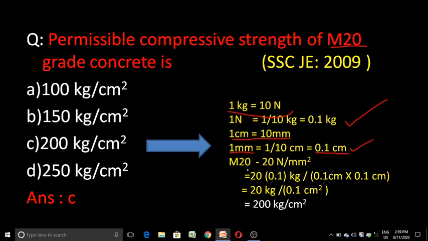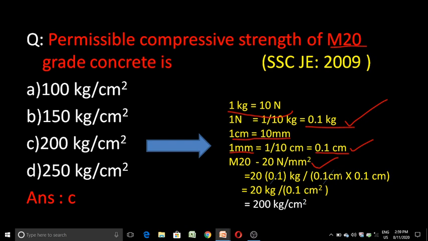Now, an M20 grade of concrete is represented by its characteristic compressive strength, that is 20 Newton per mm square. Now this 20 Newton per mm square will be converted into kg per centimeter square. For converting Newton into kg, we have to multiply 20 by 0.1 kg, divided by mm square, where 1 mm is equal to 0.1 centimeter.